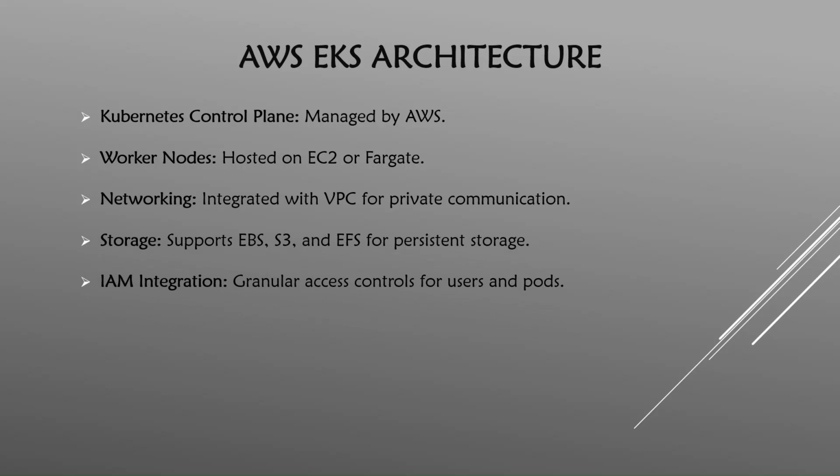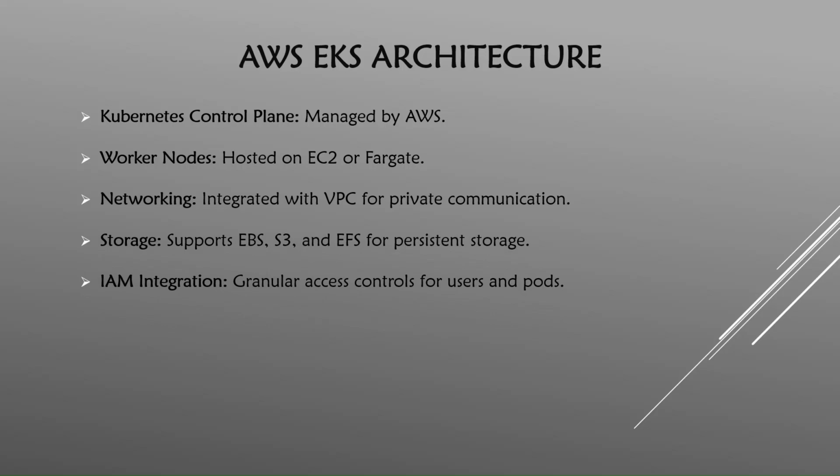And the architecture flow goes like this. Users or tools interact with the Kubernetes API server in the managed control plane. The control plane schedules workloads and manages the cluster state. Workloads are executed on the worker nodes, that is EC2 instances or Fargate.